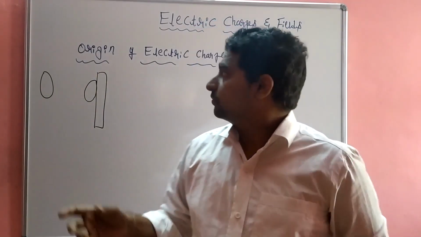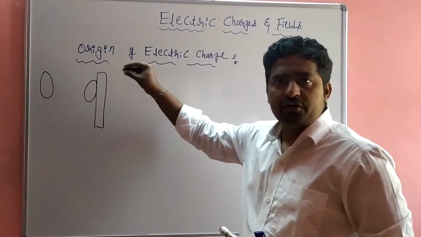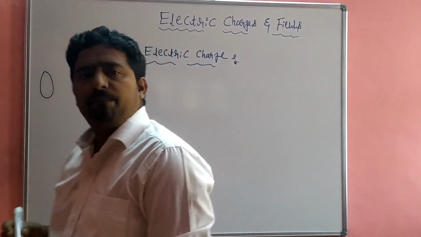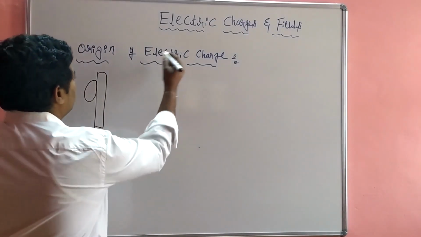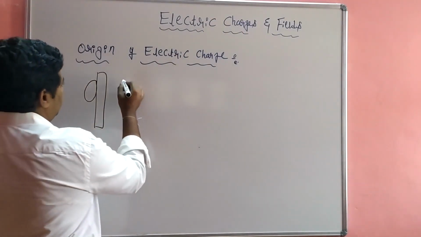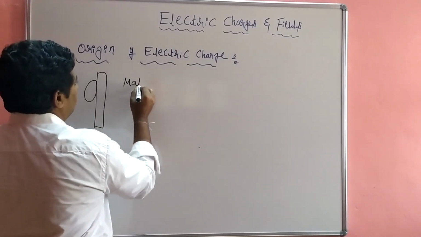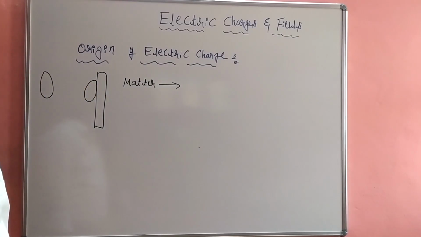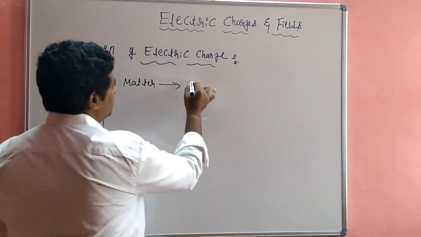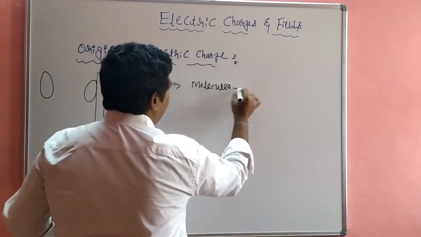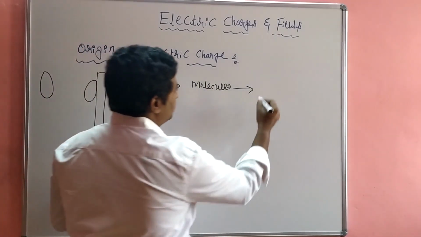Okay, so you have to understand the basic concept. The universe is made of matter. Matter is made of molecules. Molecules are made of atoms.